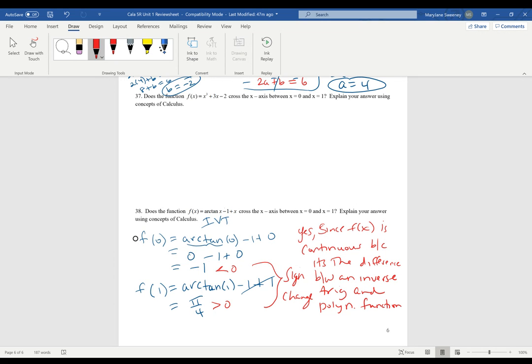So going back to the difference between inverse trig, polynomial, right?